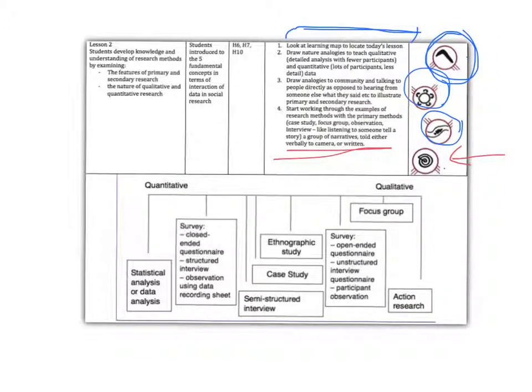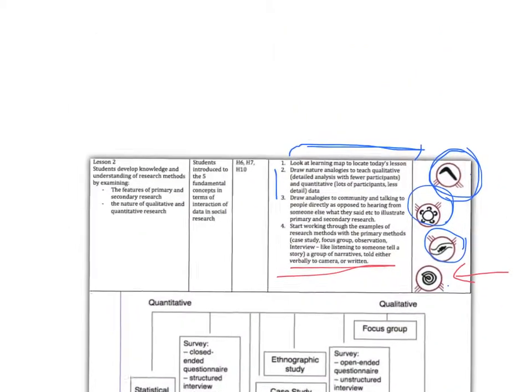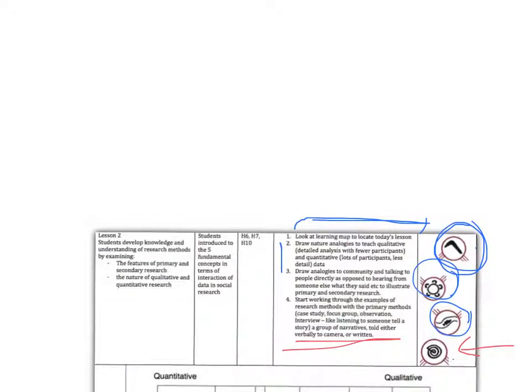But we're going to take that a little bit further, and we're going to draw analogies from nature to teach qualitative and quantitative concepts. So what I mean by that is you take objects in nature and use them to illustrate your point. So if we're talking about quantitative analysis, we might be talking about one leaf and looking at that leaf very, very carefully in lots of detail.